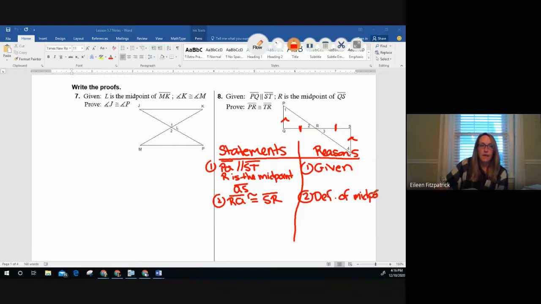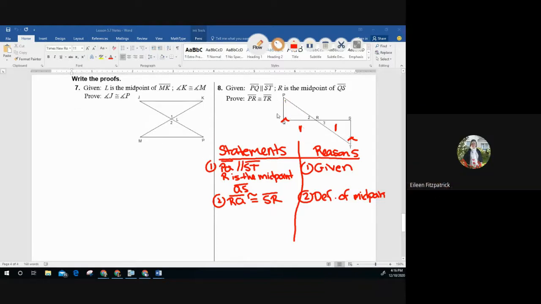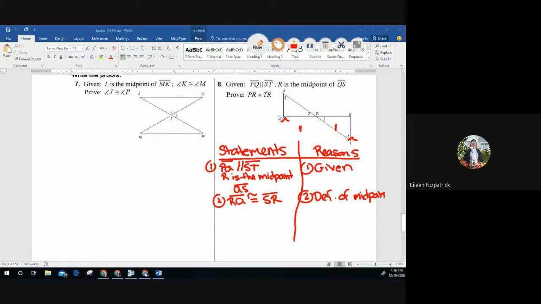Now, I'm probably going to run out of room. Yep, the T ran off. Let me put the markings back where they belong because the thing moved on me. All right, so we had parallel, parallel, congruent, congruent. If you're given parallel lines, again, you should be looking for and thinking about alternate interior, alternate exterior, corresponding, same side interior.